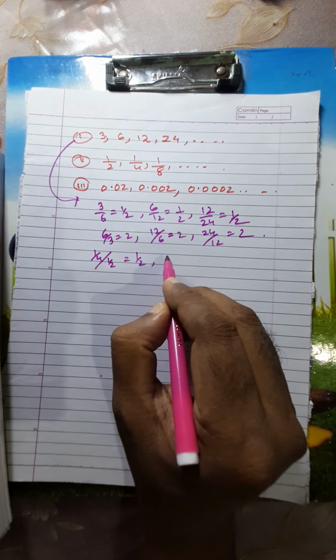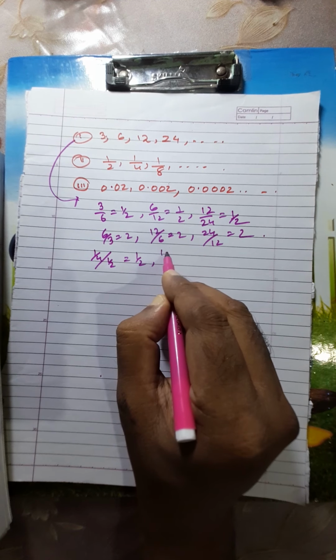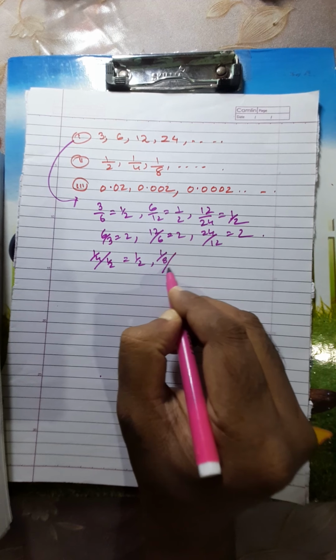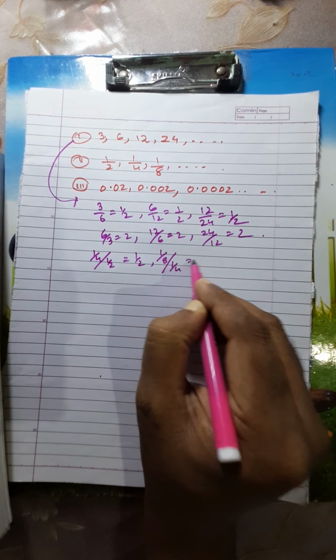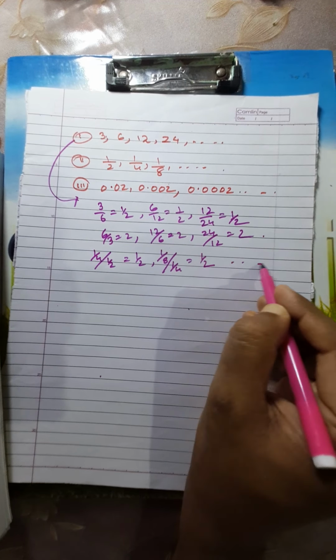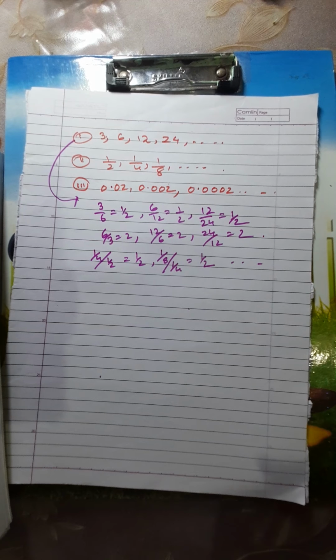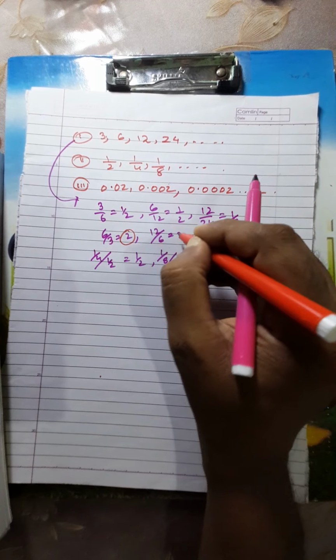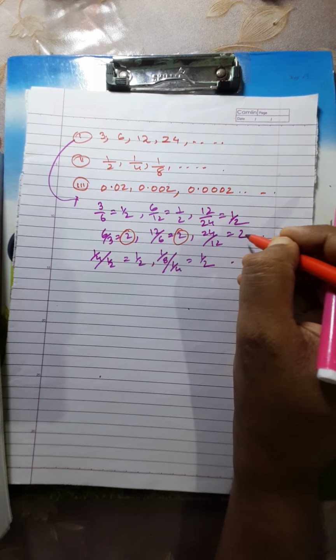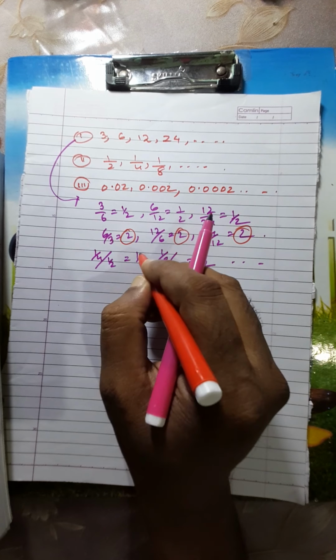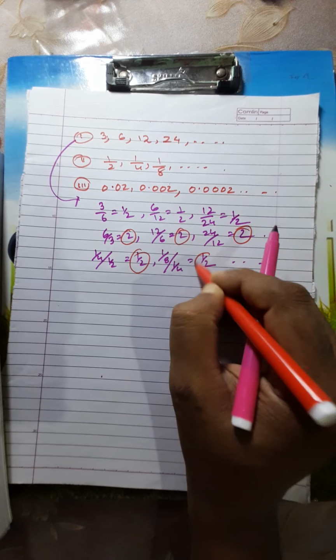Next, 1 by 8 divided by 1 by 4, then also it is 1 by 2, etc. That means what? Here the ratios are same.